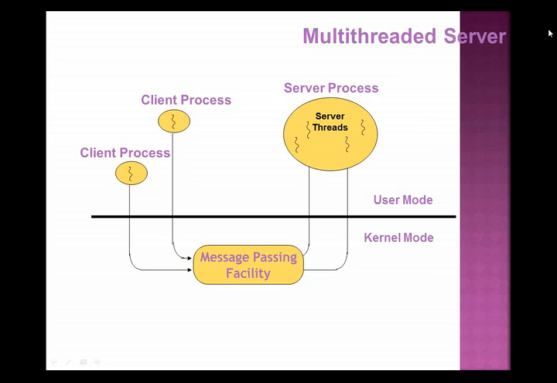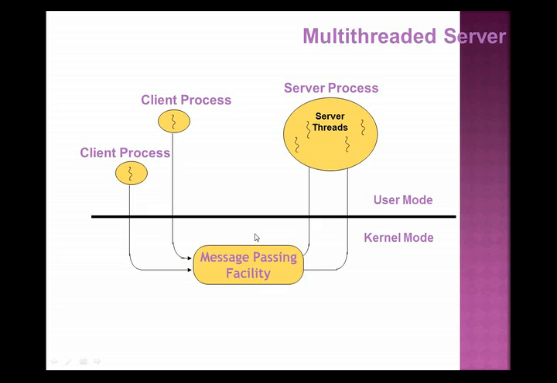First of all, there is a client process and there is a server process. This is the server threads and there is a client threads. And there are two modes, one is user mode, one is kernel mode. The message is passed from the user mode to the kernel mode, that is from the client to the server, by using a mediator known as the message passing facility.